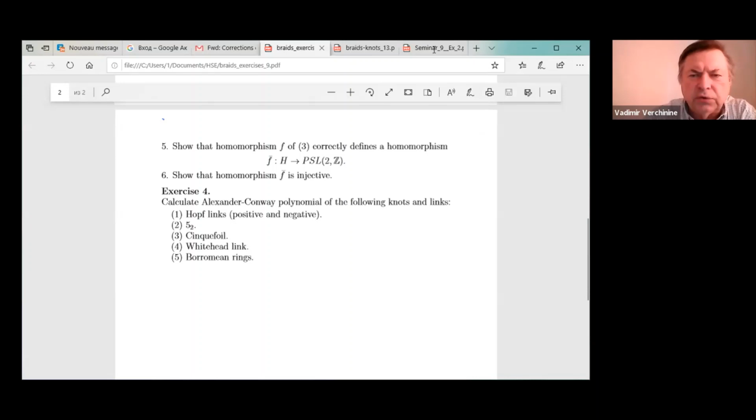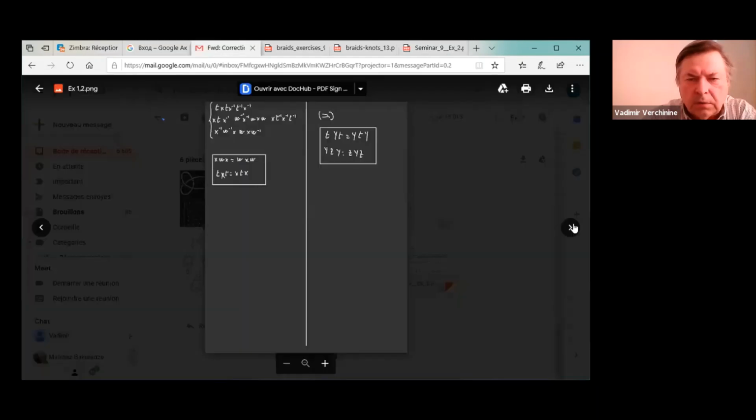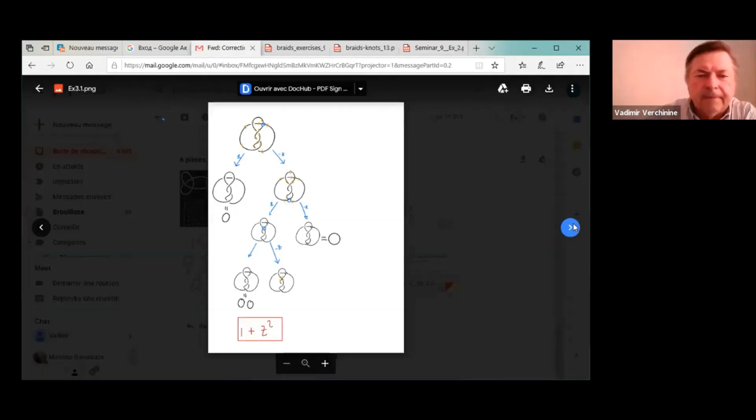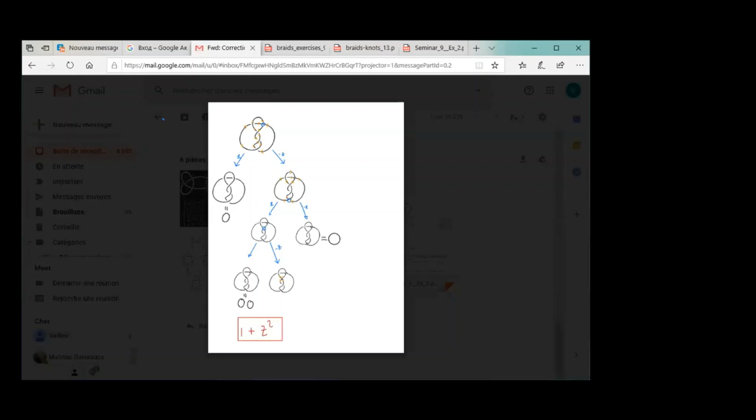Is it in your sheet or in your subsequent things, right? Right. So this is 5-2.